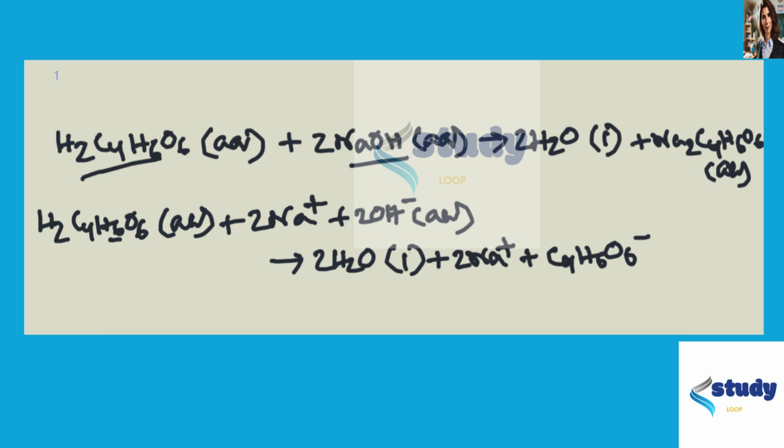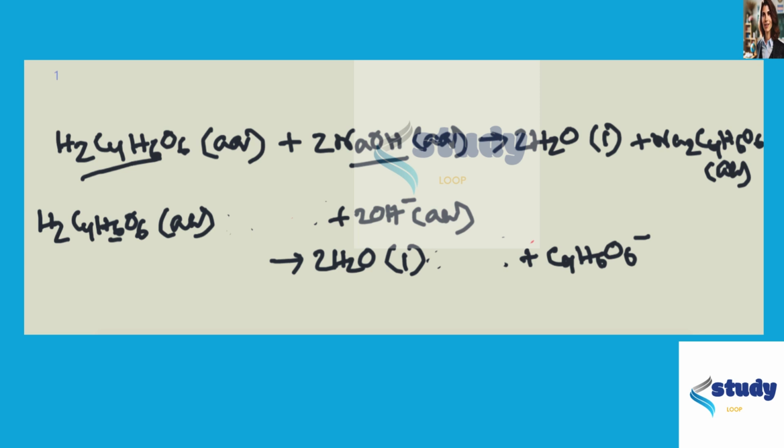So from here we can cut down our spectator ion, which is sodium. So you can cut the sodium ions, and the rest will be our net ionic equation. If we just remove the sodium from its side, the remaining equation will be our net ionic equation. So this is our net ionic equation.